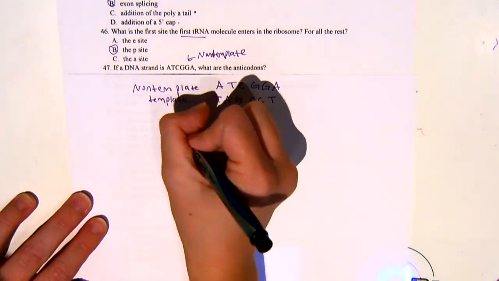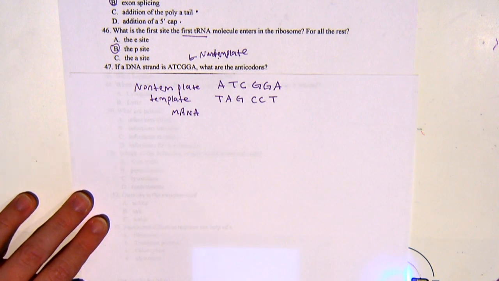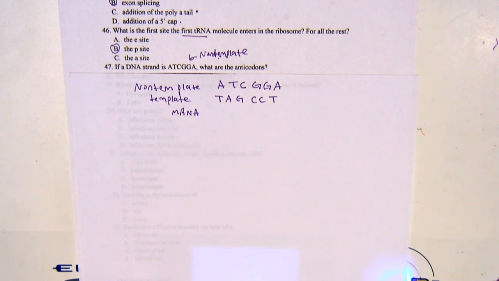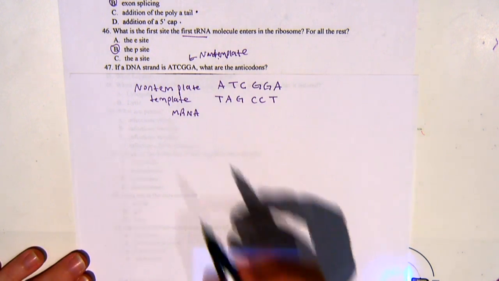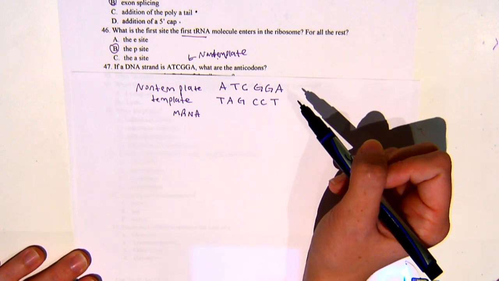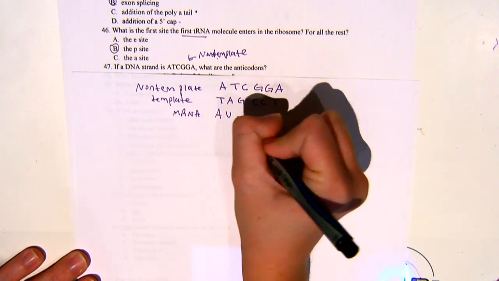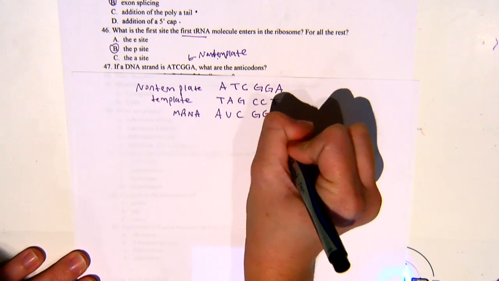So the next thing we're going to do is find the mRNA, because we know the mRNA is going to be complementary to the template strand, since that's what RNA polymerase uses to make our mRNA in transcription. Keep in mind, since we're in RNA, we use U's and not T's. So it'll be AUC GGA.